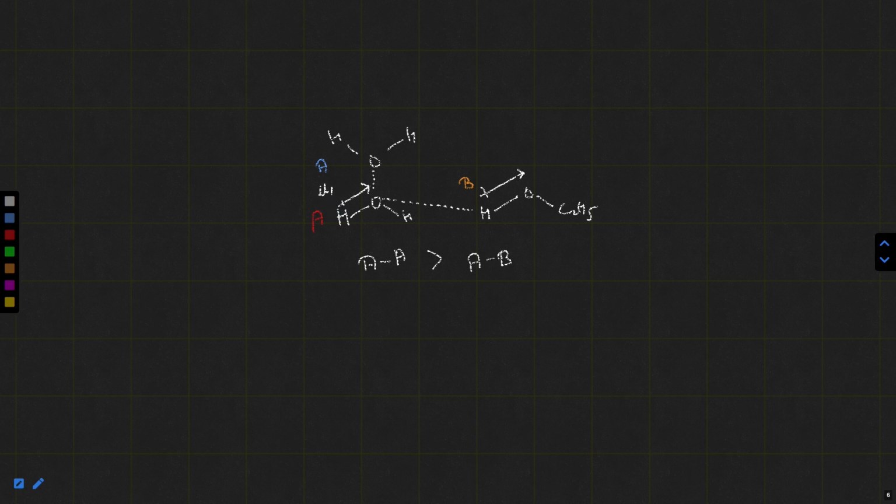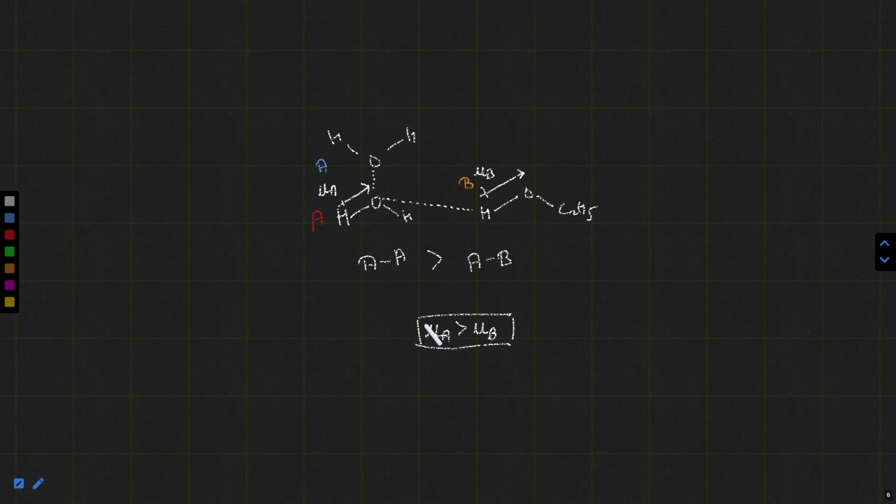Suppose this is mu A and this is mu B. Now you know very well that the polarity of water, that is mu A, is greater than mu B. Why? Because the electronegativity difference in this molecule is less, and this has introduced less polarity in this bond also, due to which the electrostatic interaction, which should have happened to a greater extent, has been reduced. Due to this reason, we have a less polar bond in the case of ethanol, and the interaction is weaker than the AA.